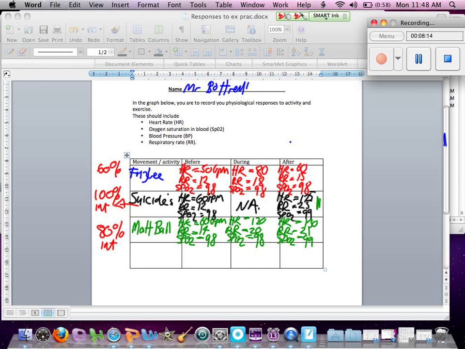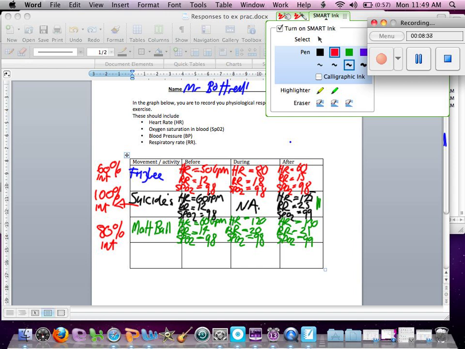Intensity is a measure of how hard something is to do. When we look at our results of our heart rate, our respiratory rate, and our SpO2, which ones are the lowest?